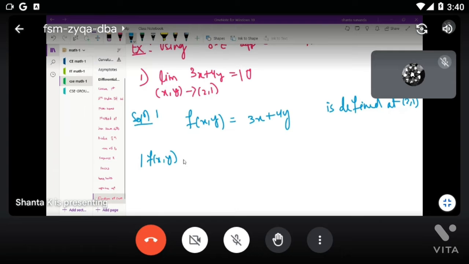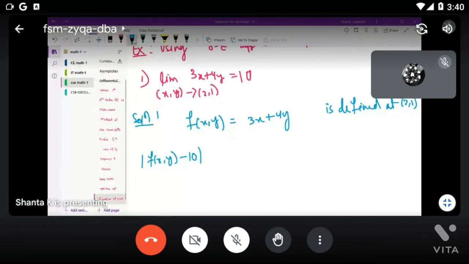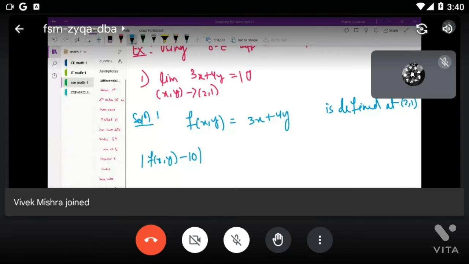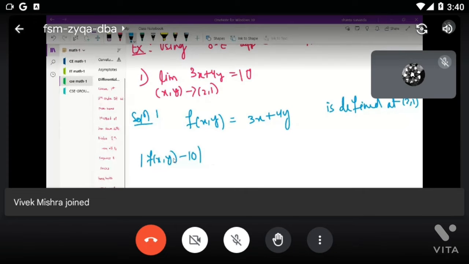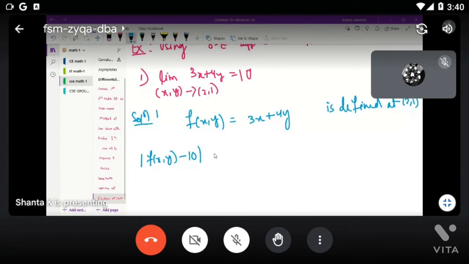The limit is already given; we will show that it exists. So |f of xy minus 10| less than epsilon. We will try to simplify this. We will show this is less than epsilon, but we will try to find some value so that the delta value we can find, like you did in the one dimension case.